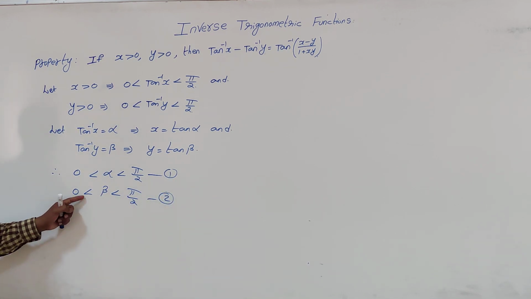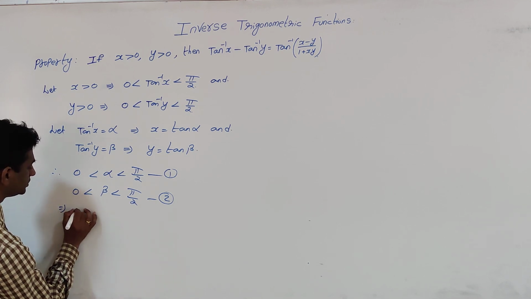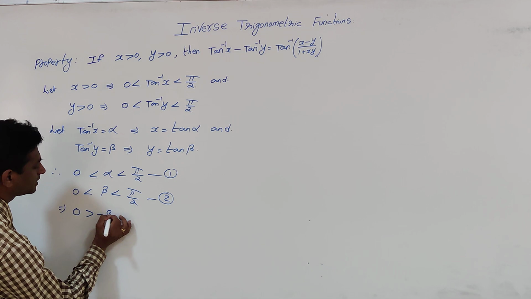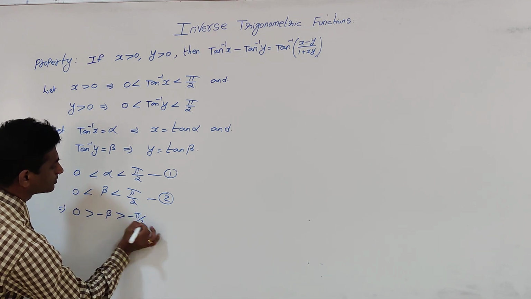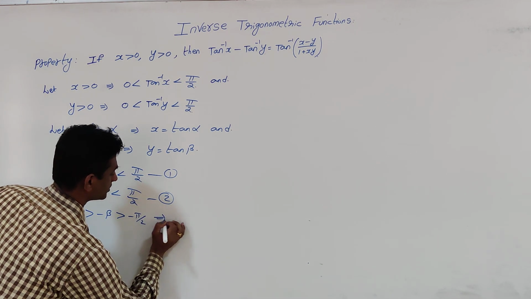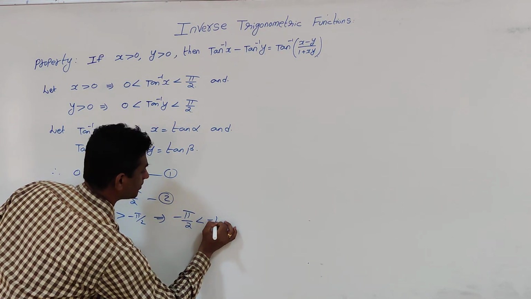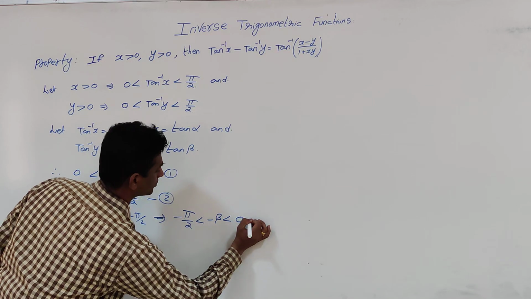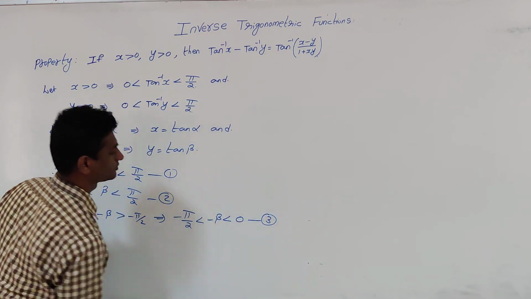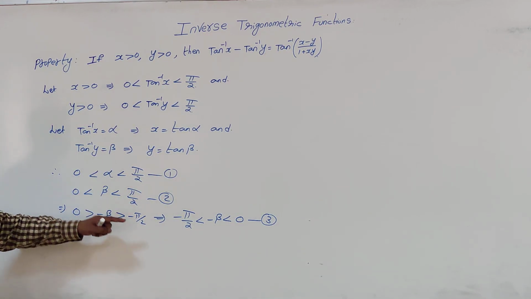If you multiply this inequality with a minus sign, 0 will be greater than minus beta, which is greater than minus pi by 2, which implies we can write it as minus pi by 2 less than minus beta less than 0. That is the third equation. Now if you add 1 and 3, what happens?